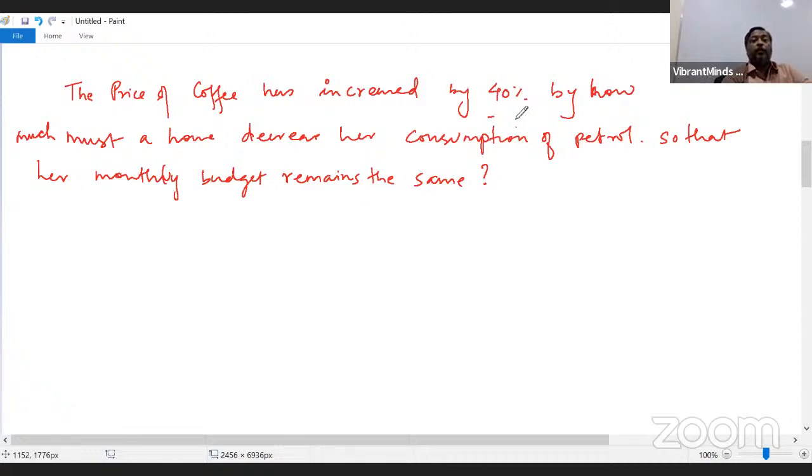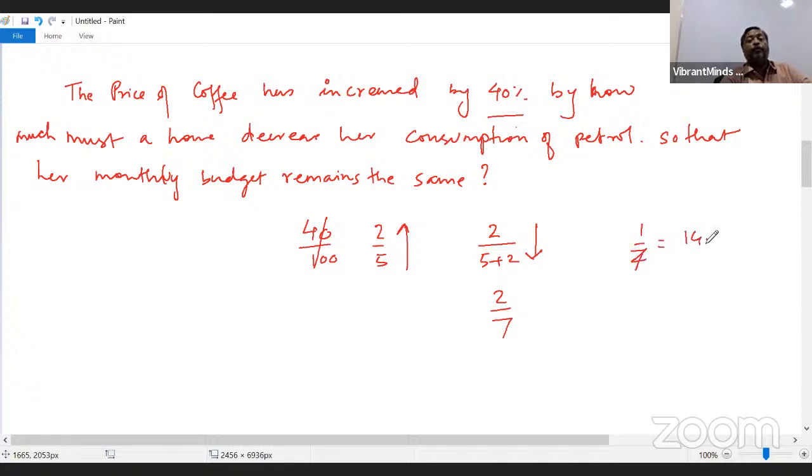Now check 40%. 40% is 40 by 100, that is 2 by 5. The price has increased by 2 by 5. So the consumption will have to decrease by 2 by 5 plus 2, that is 2 by 7. Now 1 by 7, the value goes 14.28. So 2 by 7 will be 28.56.